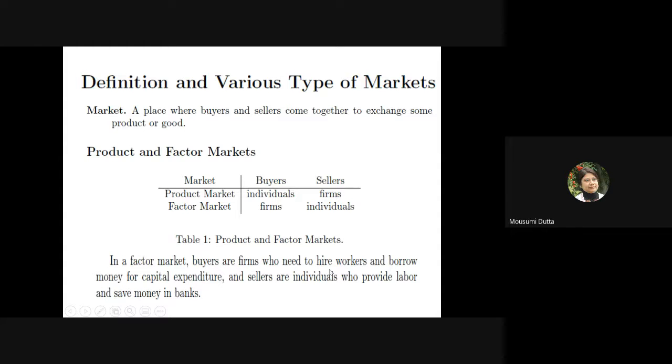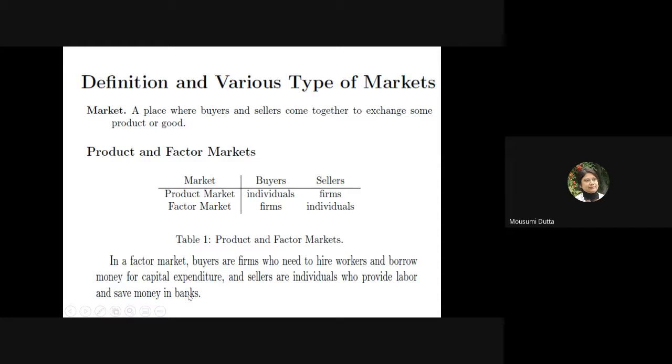Okay. And please look at this line. In a factor market, buyers are firms who need to hire workers and borrow money for capital expenditure, and sellers are individuals who provide labor and save money in banks. I'm getting salary or wage, and I'm saving it in my bank.